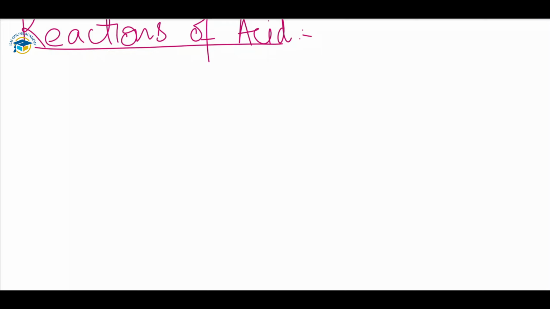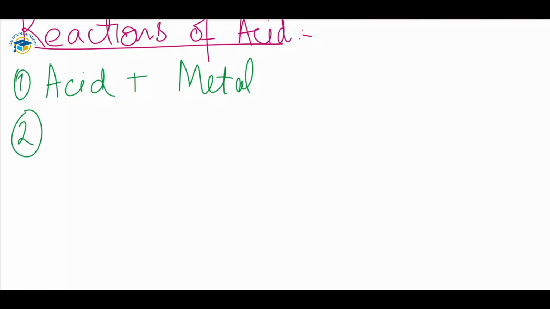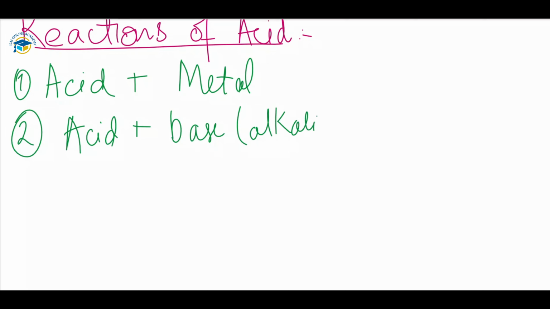First, the reaction of the acid with a reactive metal, acid plus metal. The second is the acid with a base or alkali, also known as the neutralization reaction. When acid and base react together, they neutralize each other and form salt and water.